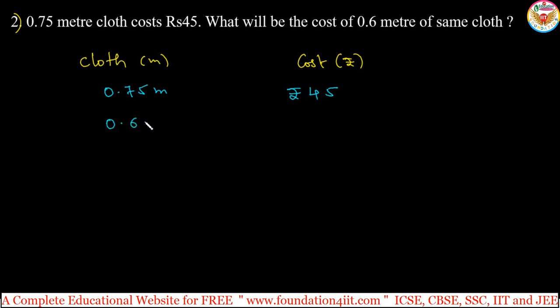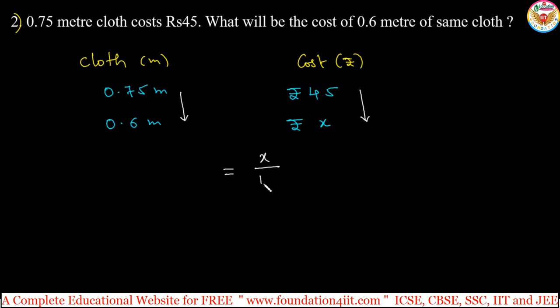Let the cost of 0.6 meters be rupees X. Now this value is decreased, so this must also decrease. Since it's a direct variation, keep the equal symbol in between. If you take first divided by second on one side, write first divided by second on the other. We have to find the X value.